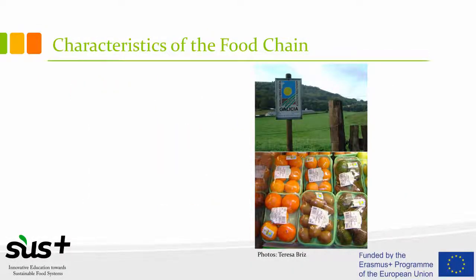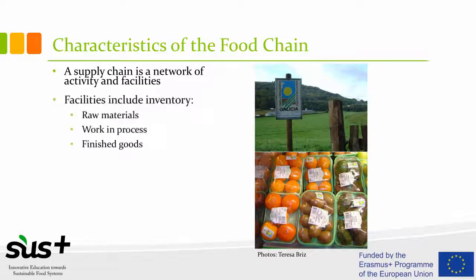As general characteristics of the food chain, we have to consider it is a network of activities and facilities. What do these facilities include? Well, they include the inventory of raw materials, all work in process, materials needed for transformation, for example, in a very long food chain, and also finished goods.